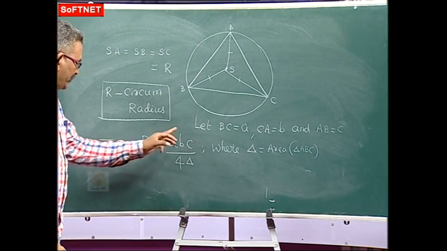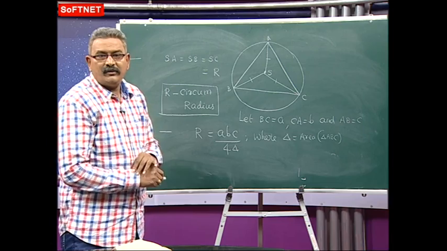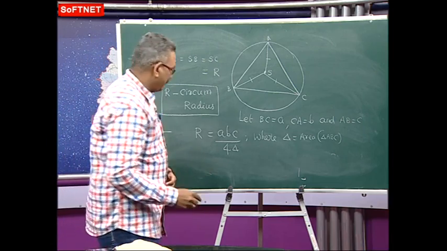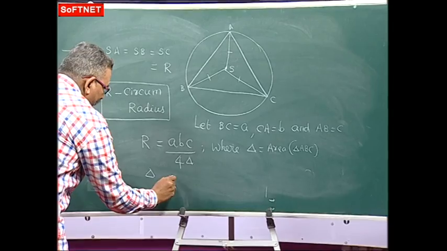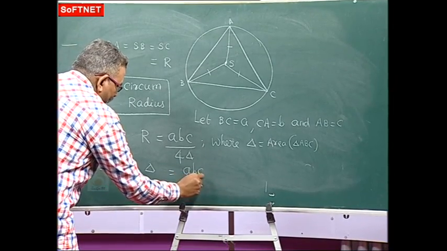As capital R is equal to abc by 4 delta, what is delta? Yes, delta is equal to abc by 4R.